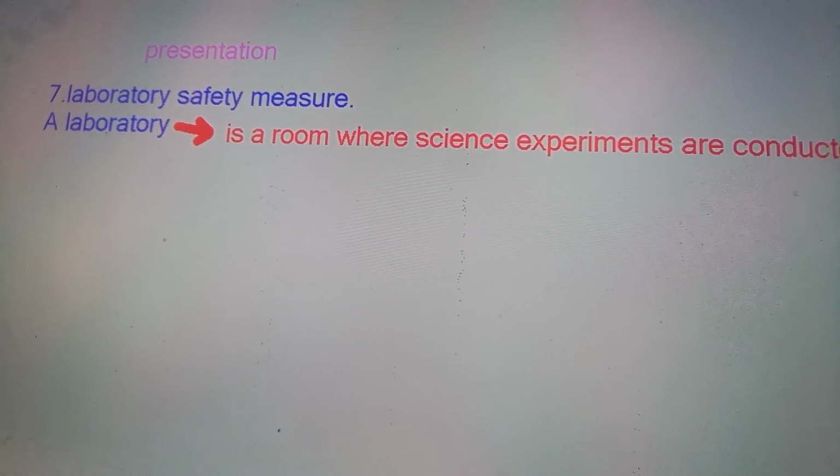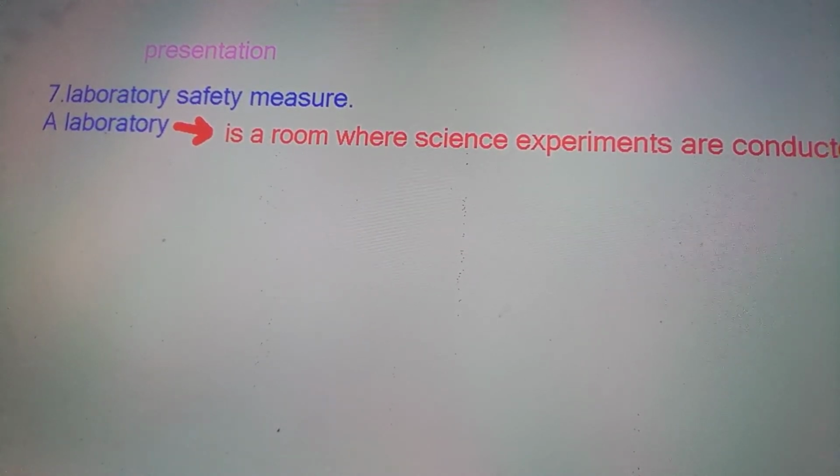We have seen also laboratory safety measures, in which we tried to define the term laboratory. The term laboratory means a room where science experiments are conducted.